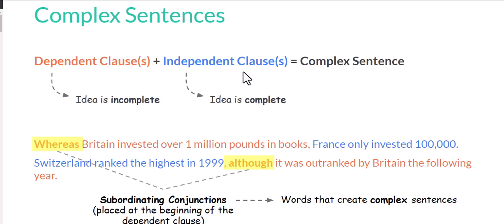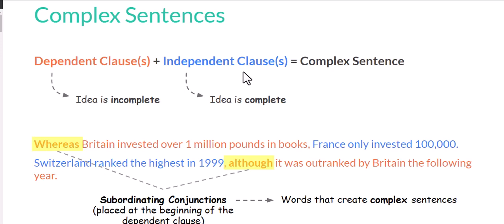No, I'm not the one calling it that; the English language calls it the complex sentence. So when we have a dependent clause and an independent clause put together, we call that a complex sentence. Now, what do we use to connect the dependent clause and the independent clause to each other?